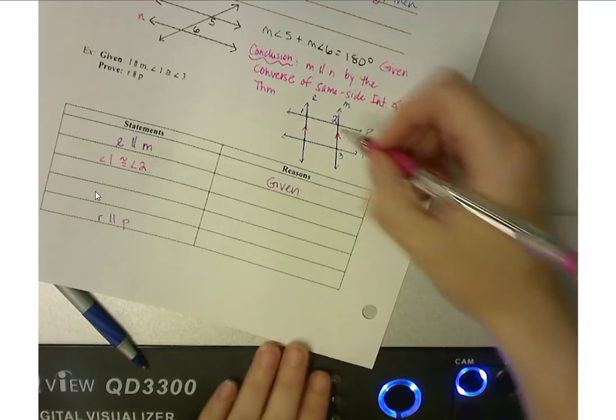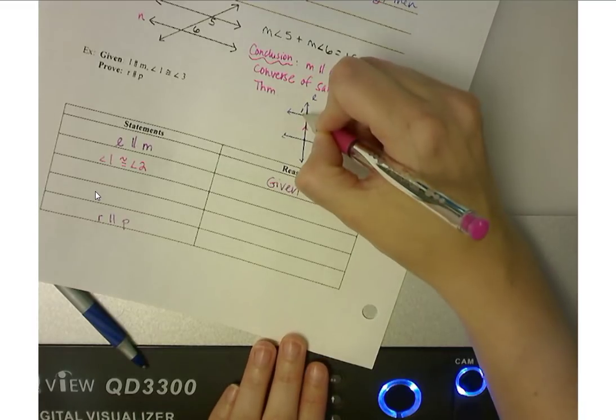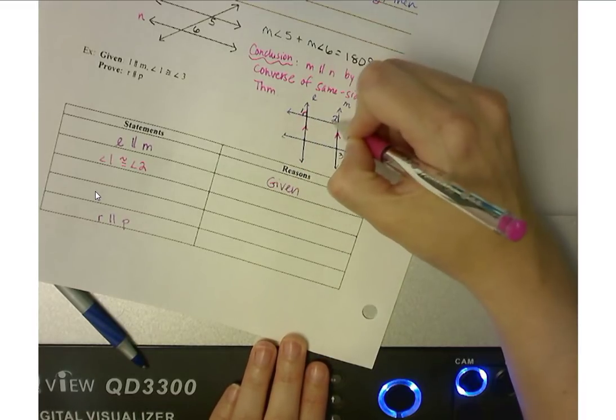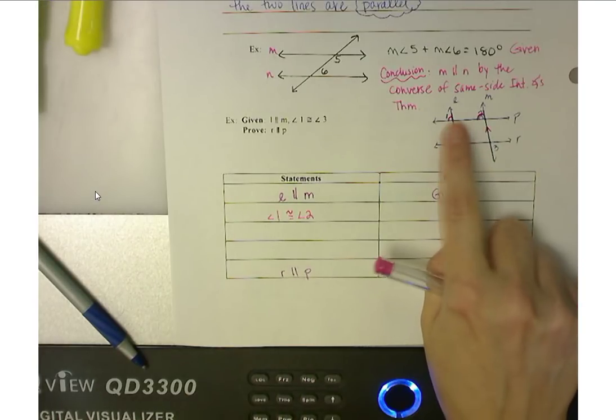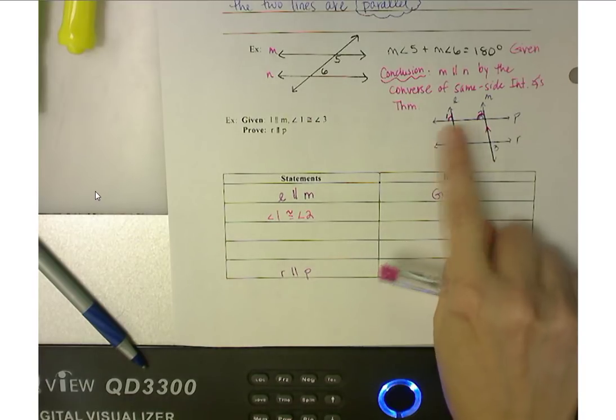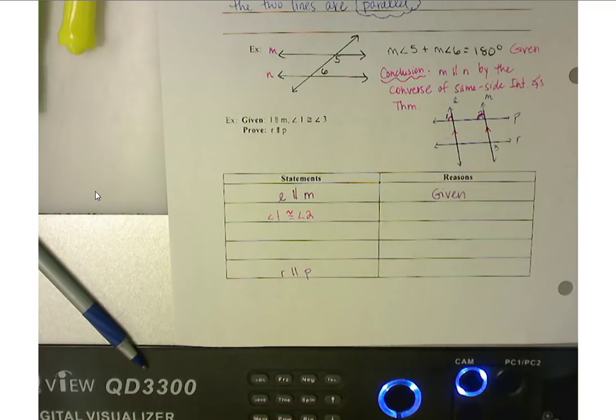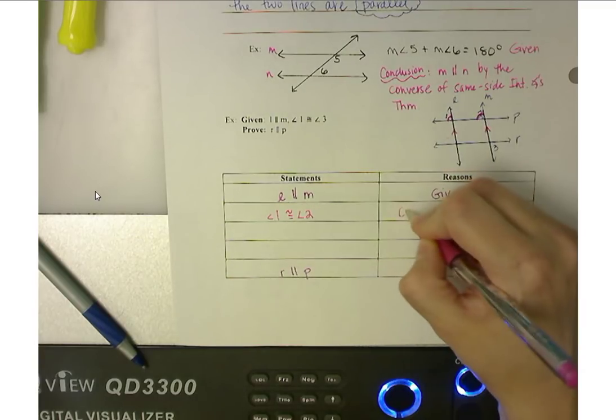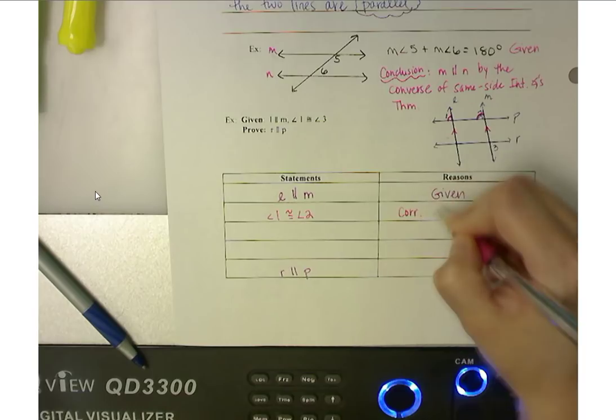Sometimes it might be helpful for you to turn the page so that you can see what type of angles these are, or even just marking them in your diagram. These are on the same side, but they are not both inside the two lines. So if they're on the same side, the same position, they are corresponding.